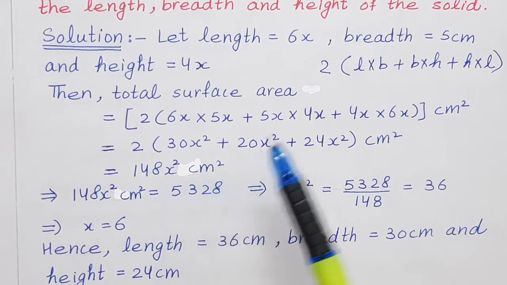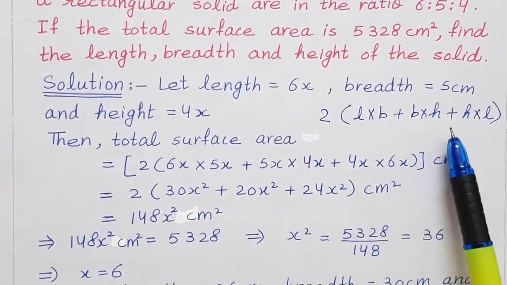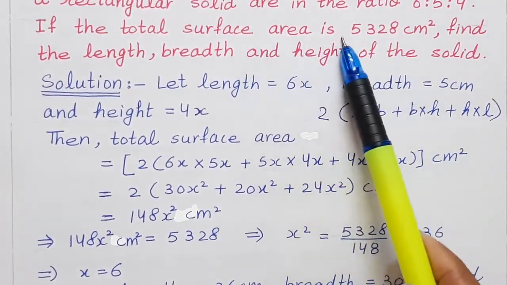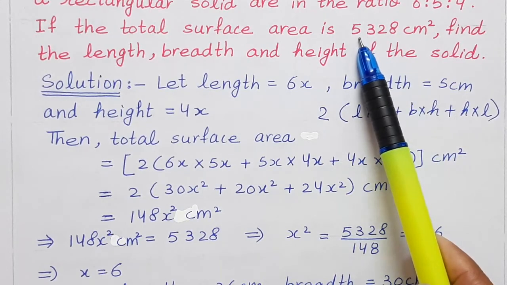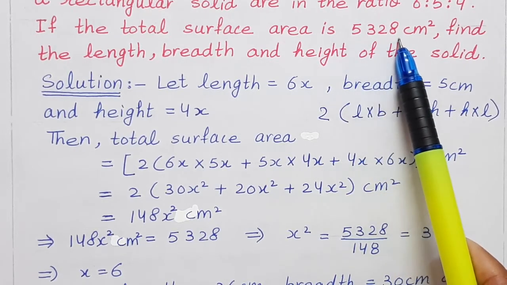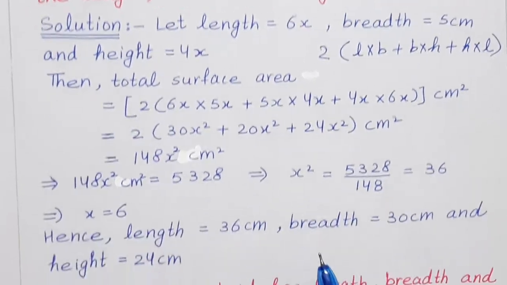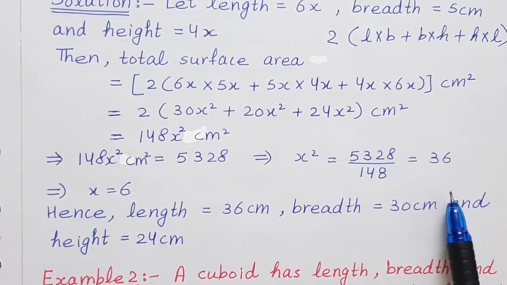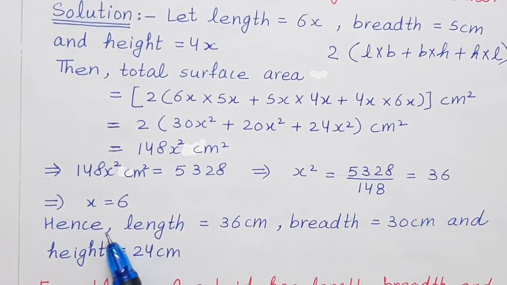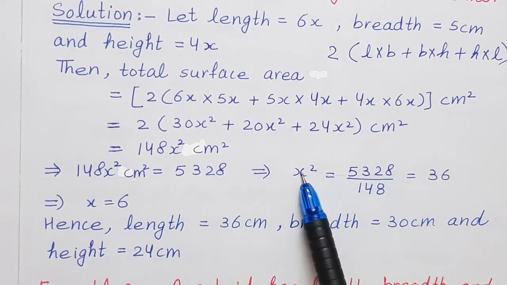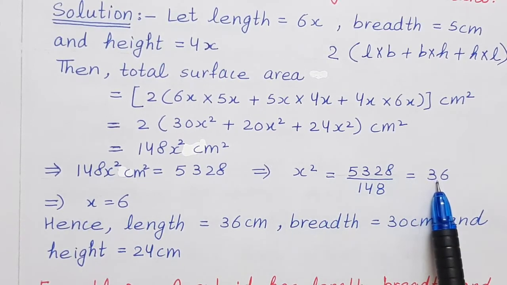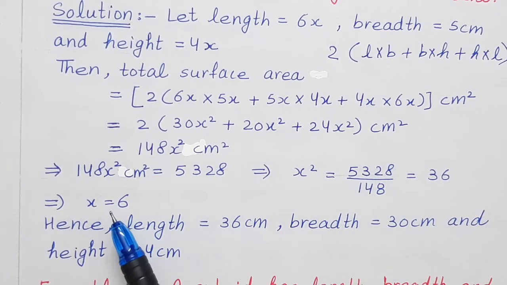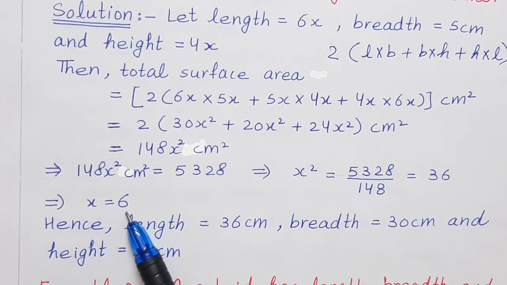Now we know that in the question the total surface area is 5328. So let us compare the two values. After comparing, we get x square as 36. So this means x is equal to 6.